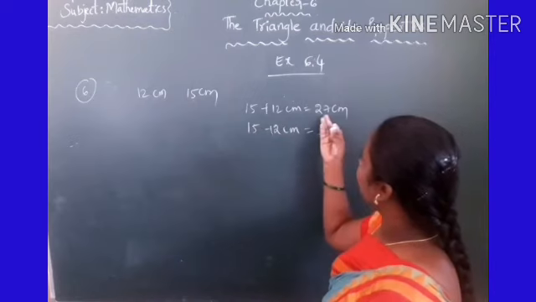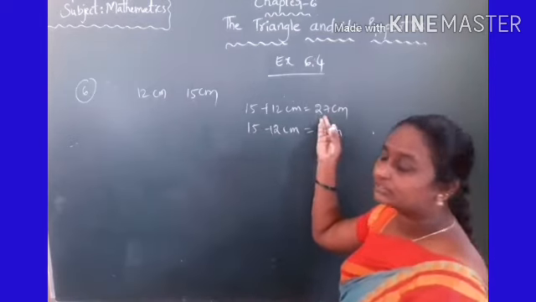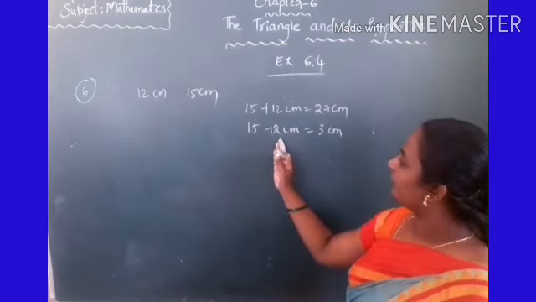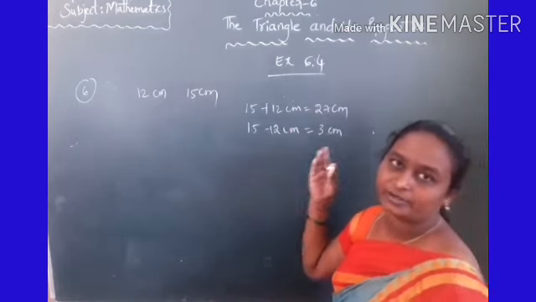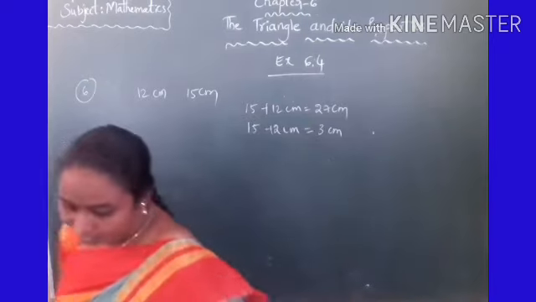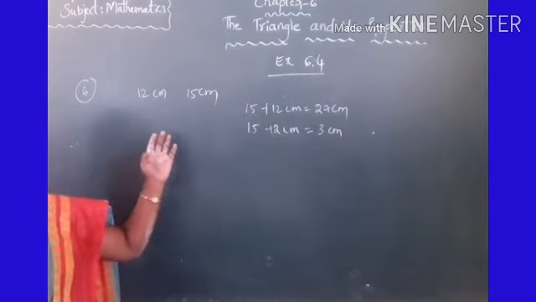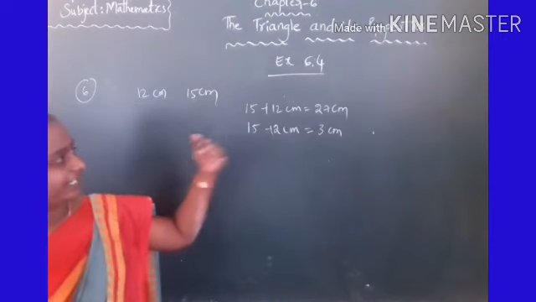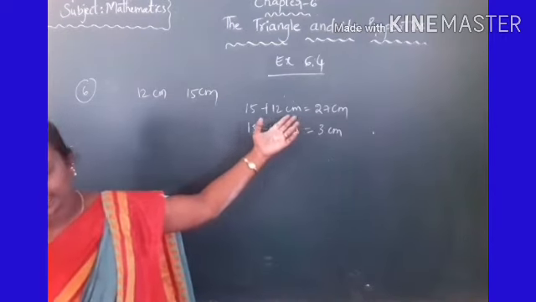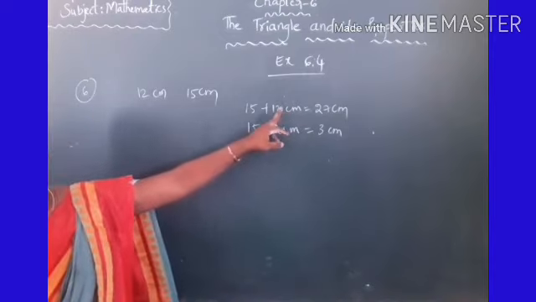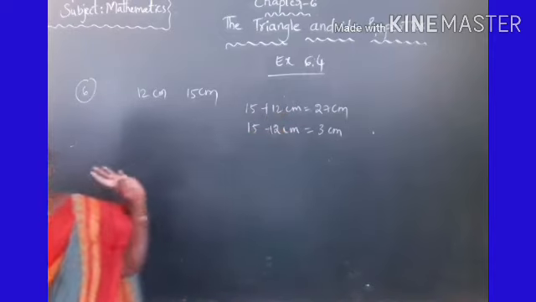So 27 is greater than the third side, and the difference is less than the third side. So you have to write here, the length of the third side of the triangle must be greater than 3 centimeters and less than 27 centimeters.